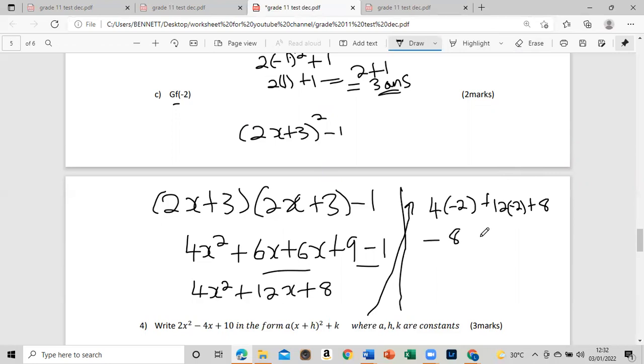That gives us negative 24, plus 8. 16 and 8 cancel each other, so this is negative 20.